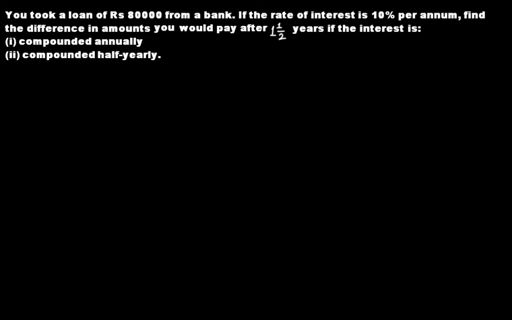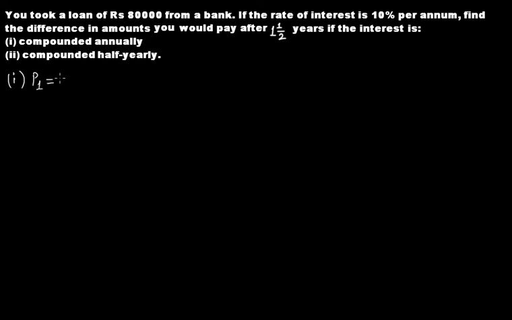Okay, so the principal amount, that is the loan amount that you take, is rupees 80,000. Rate is 10% and the time period is 1.5 years. First, let's take this compounded annually. In this case, let's denote principal by P1.